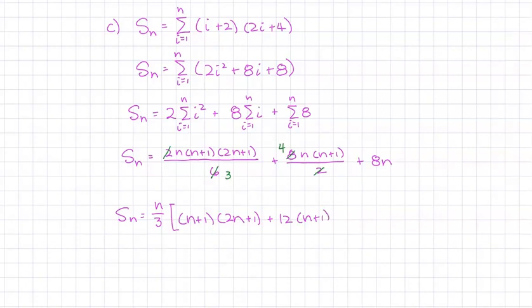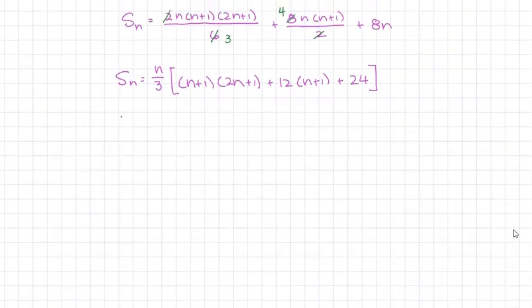And then I'm going to have 24. And again, 12 over 3 would give me the 4 that I want. 24 over 3 would give me the 8 that I want. So I have all of that. Multiply it out, combine like terms, see if it factors, and then we're done.